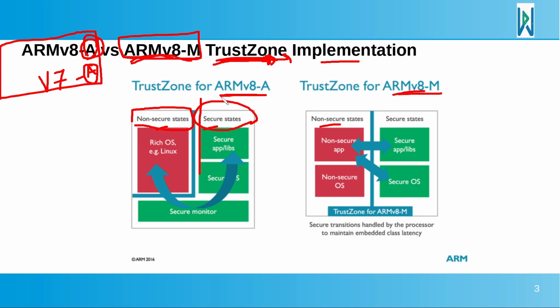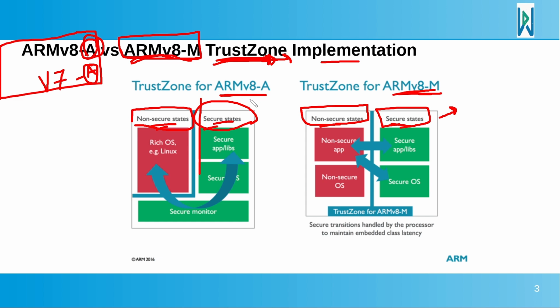Similar to ARMv8-A, on ARMv8-M, the trusted software will be executed while the CPU is in secure state, and the non-trusted one will be executed while the CPU is in non-secure state. Nevertheless, the switch back and forth between secure and non-secure state is quite different between the Cortex-A and Cortex-M.